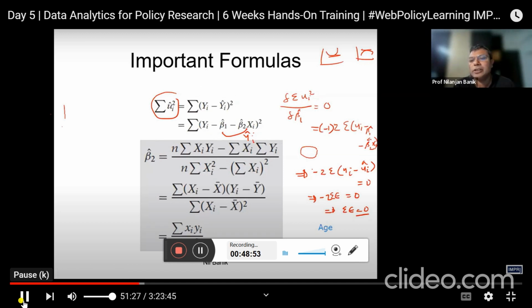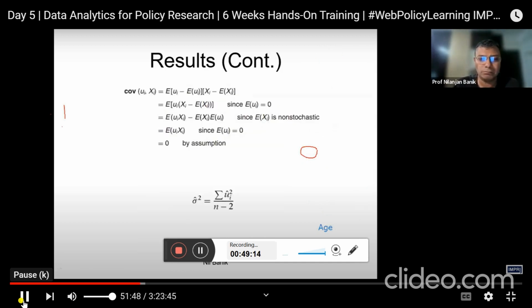On the other hand, if I have a higher variance in X and Y is not changing, that means my beta 2 is going to be insignificant or very small. So these are the intuitive things that you should keep in mind.